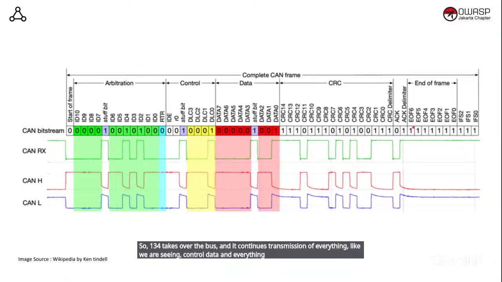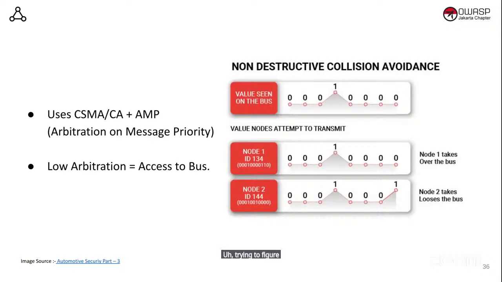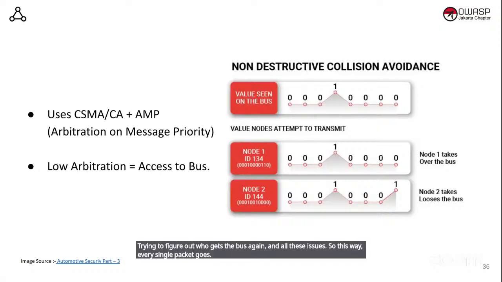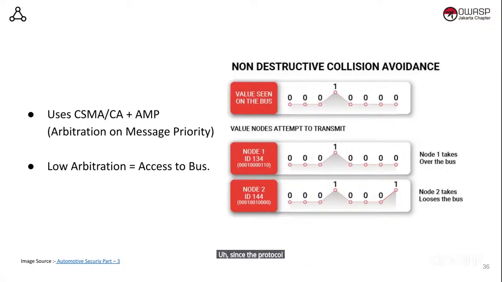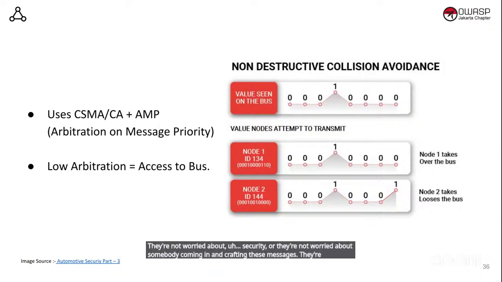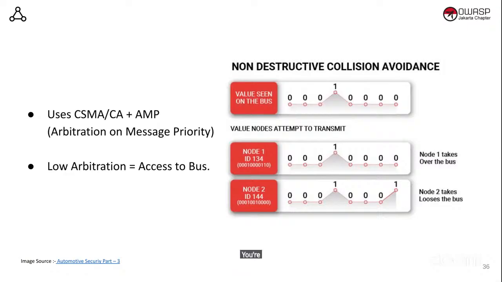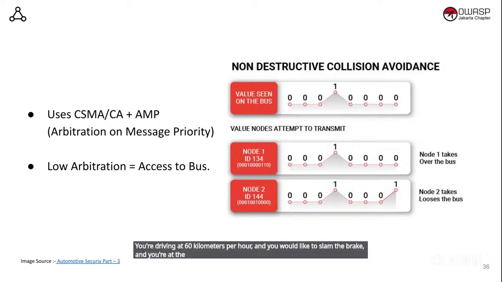Then it sends an end of frame, and again the nodes go back to figuring out who gets the bus. This way, every single packet goes. The protocol is specifically designed so that it is not worried about security, or about somebody coming and interrupting these messages. It's more worried about, say, you're driving at 60 kilometers per hour and you want to slam the brake, and at the same time you're also trying to increase the air conditioning.